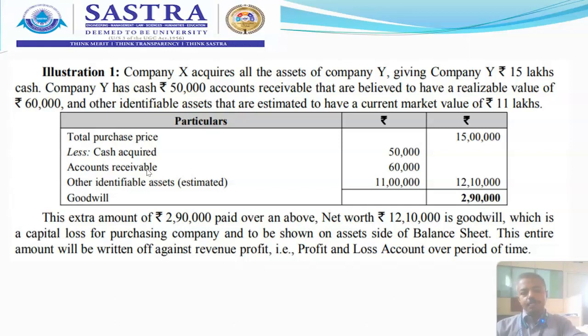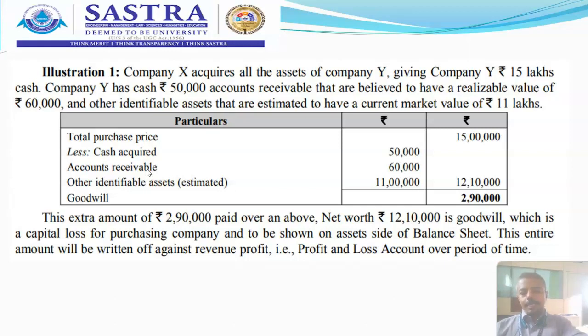So here the difference is we are paying more than what we are about to receive. We are receiving some assets, but we are paying more. So that excess amount, why do we need to pay? Because the company Y, which we are acquiring, may have a good reputation in the existing field, which will continue for some years in future.